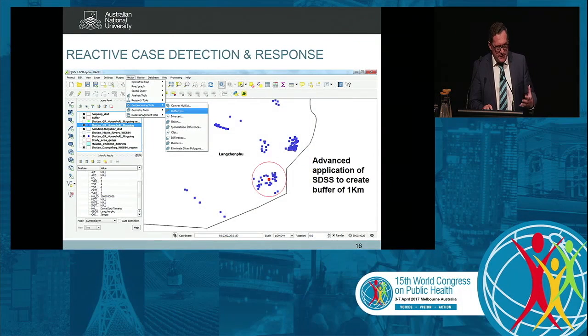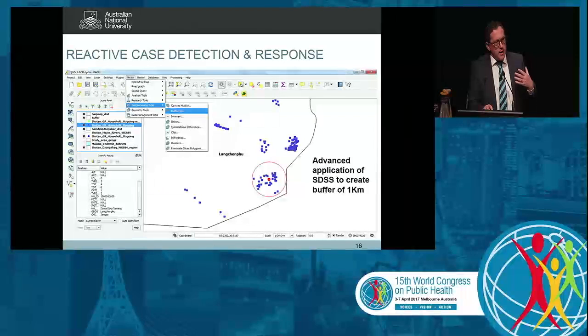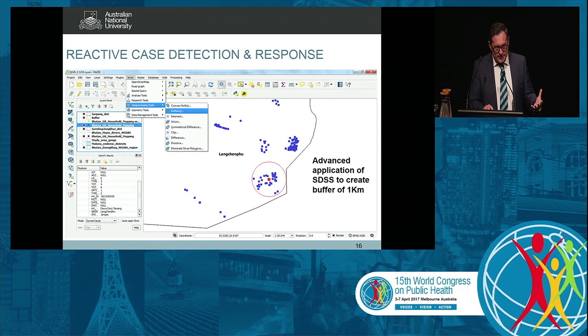But we believe that the spatial decision support system was particularly useful for their surveillance response because they didn't really have an objective framework for managing things like reactive case detection in the country prior to the development of the spatial decision support system.